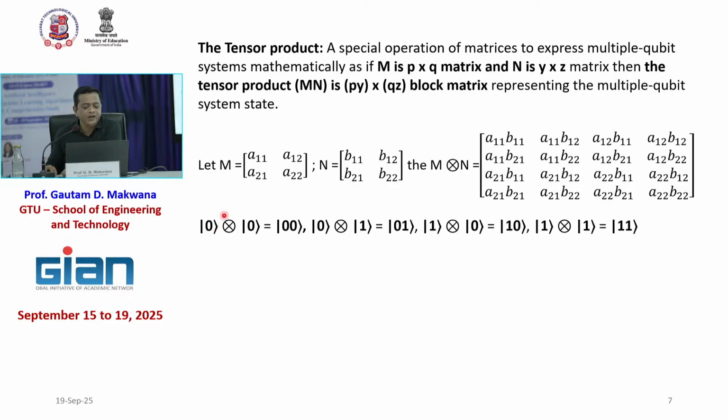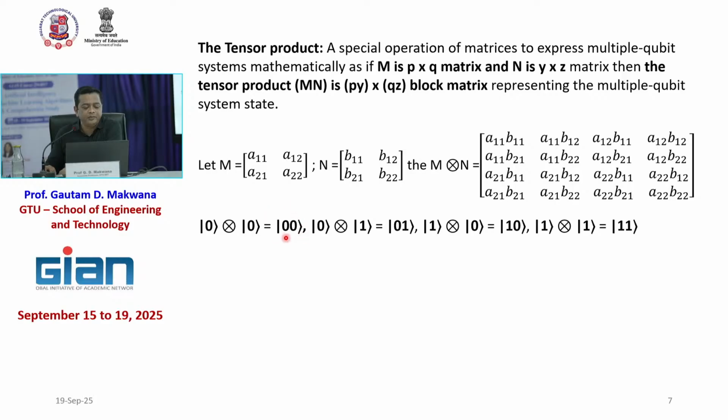So here, ket 0 tensor product ket 0 is represented by 0 0, ket 0 tensor ket 1 is represented by 0 1, and ket 1 ket 0 is represented by 1 0. So this is the idea of how the tensor product of one bit column vectors works. This is a two cross one column vector, and this is also a two cross one column vector.